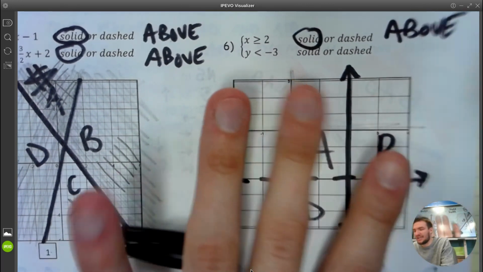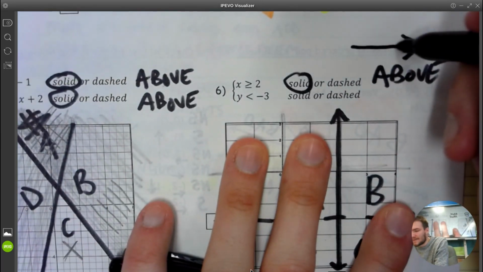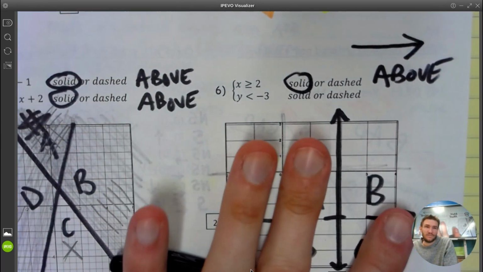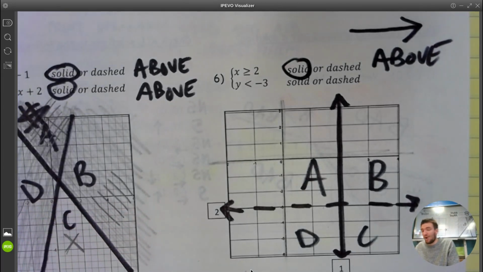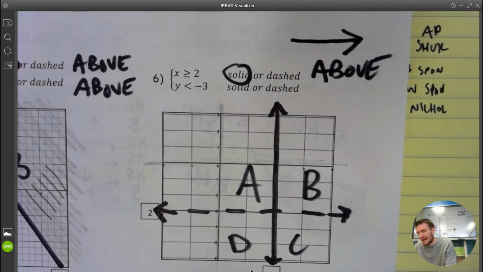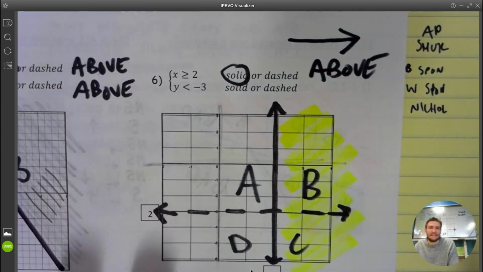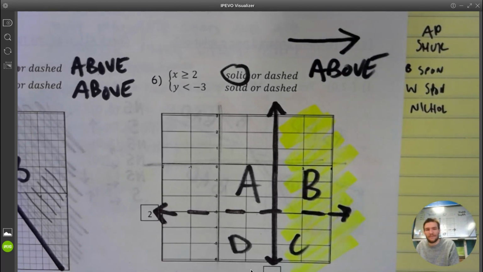So the strategy is, if you've got this symbol, shade that direction. Okay? Again, that only works for these vertical x-only graphs. I'm going to go ahead and shade on that side, because that's what it says, right? Shade over there.